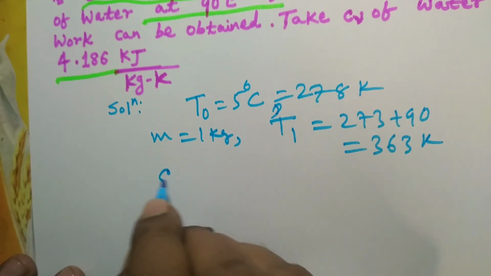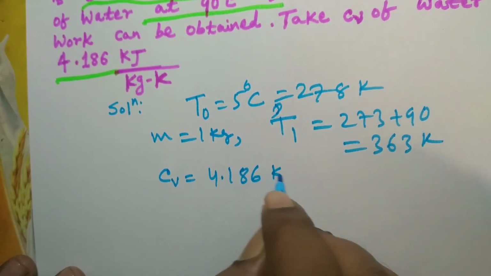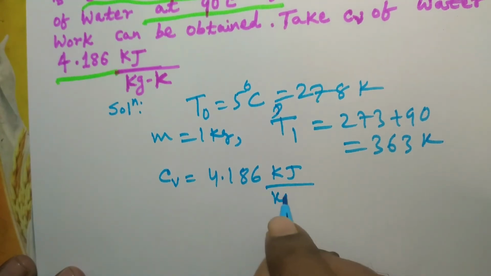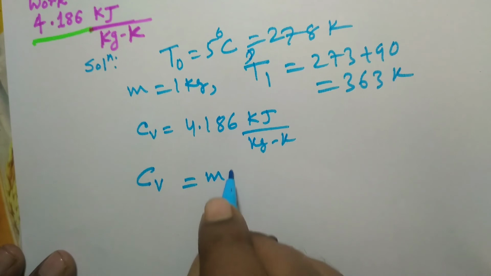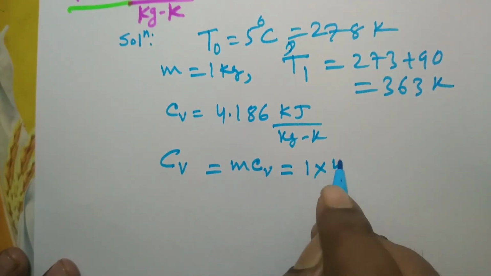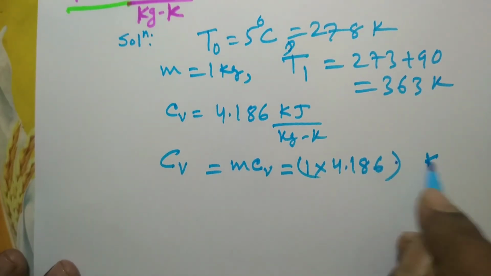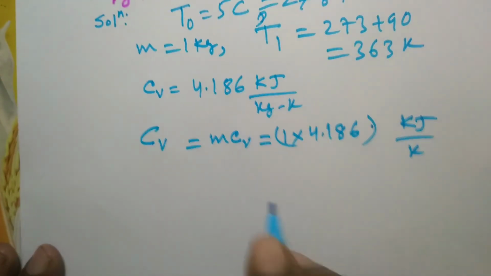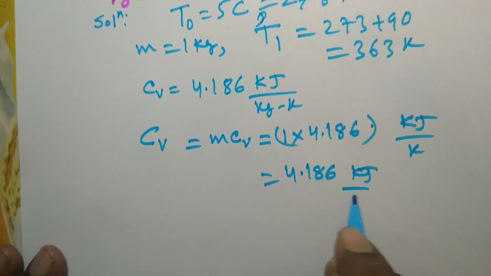And small cv is equal to 4.186 kilojoule per kg Kelvin. So if you want to calculate capital Cv, heat capacity, this is equal to mass into small cv, that is 1 into 4.186 kilojoule per Kelvin.